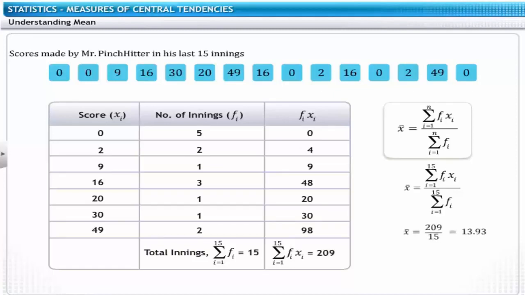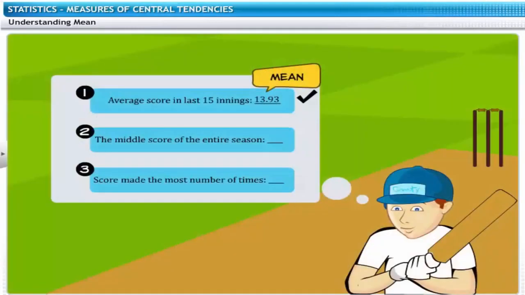We see that the value of the mean agrees with the value we calculated earlier. So, we have found the value of the first quantity of Mr. Pinch Hitter's performance record. Now, let us find the value of the second quantity.